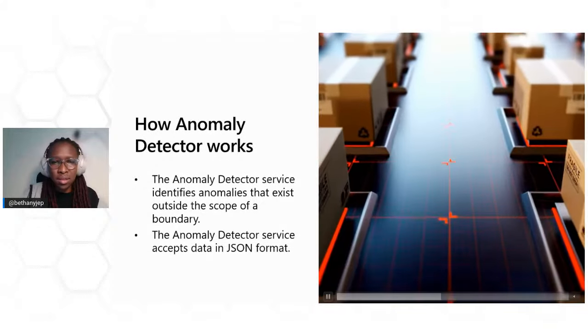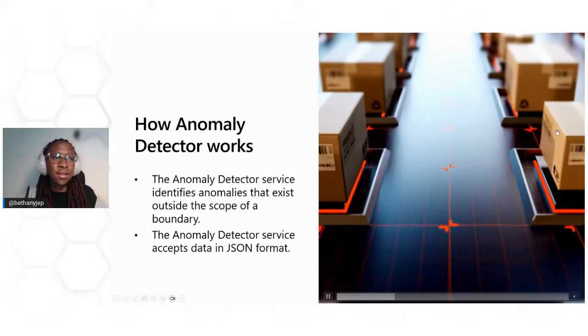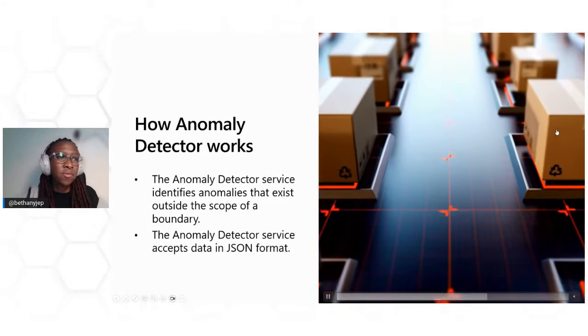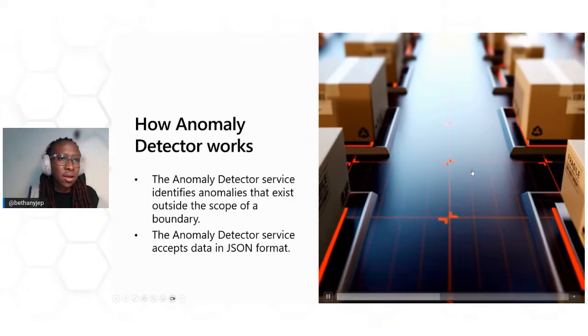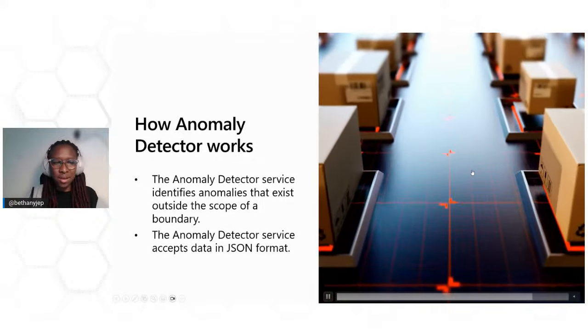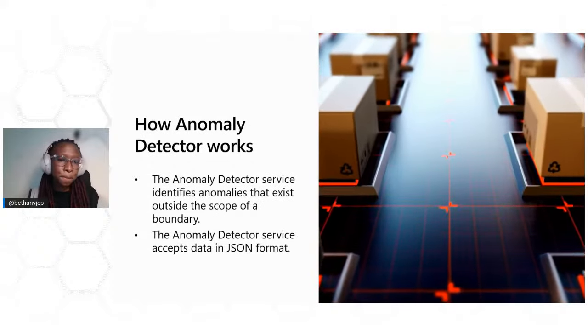For example, in this video, it shows different boxes, probably in a manufacturing company. If one of the boxes was somewhere in the middle, it will ring an alarm and tell you, no, there is a problem happening here.